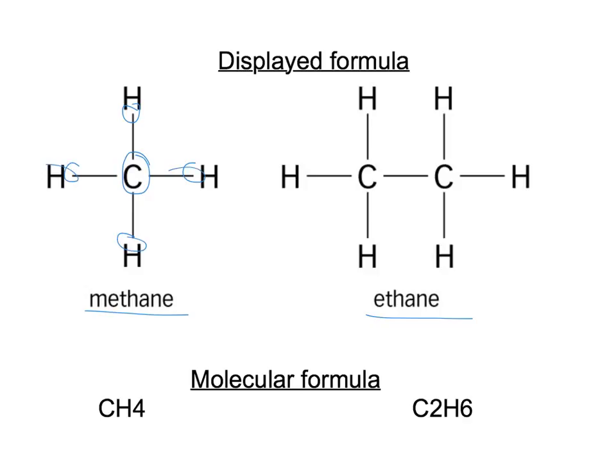Ethane is a little bit more complicated because the carbon makes 1 of its bonds with another carbon. Now you'll notice that there is a relationship between the number of carbons and the number of hydrogen atoms in the molecule. For methane, its molecular formula is CH4, and for ethane, it's C2H6.